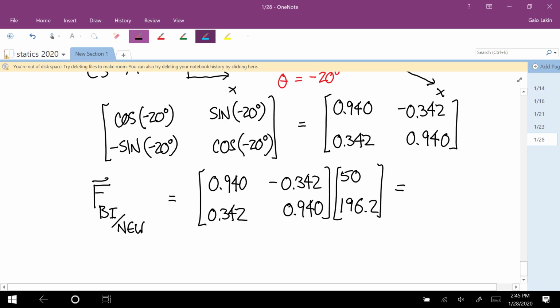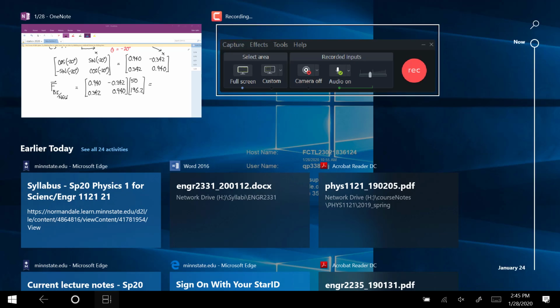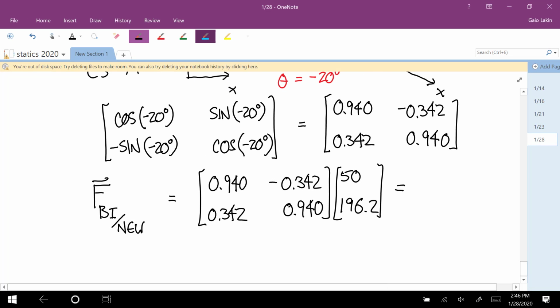Could someone multiply those for me? Someone who's done matrix multiplication on their calculator before. Okay, negative 20.1, did you say? Okay.